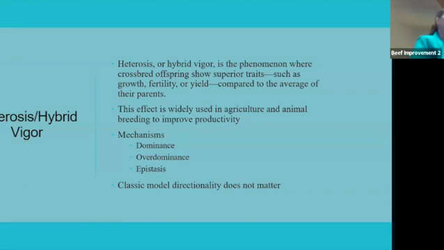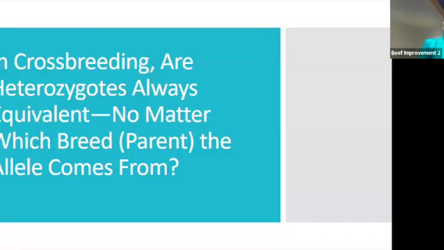It has what they hypothesize as various causes, such as dominance, overdominance, or epistasis. But ultimately, it's when those F1 generations outperform the average of their parents. In the classic model of heterosis, directionality does not matter, and you'll see an example here. Which breed is the sire and which breed is the dam in the classic models, and I emphasize the classic models because things have changed, does not necessarily matter.